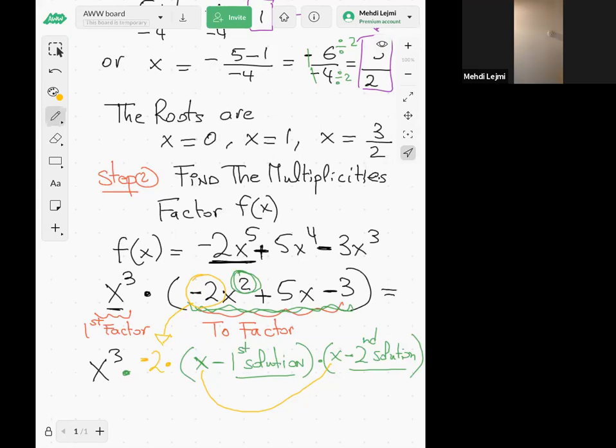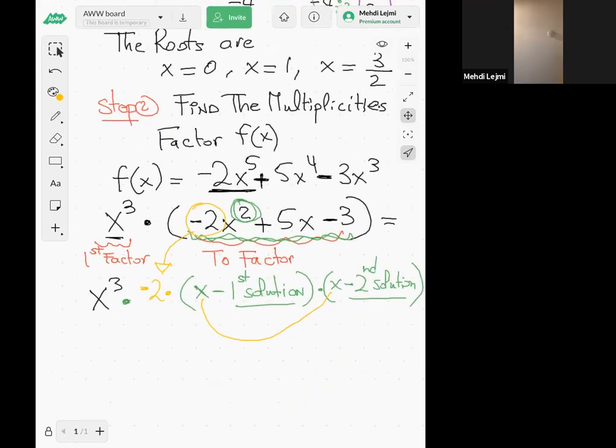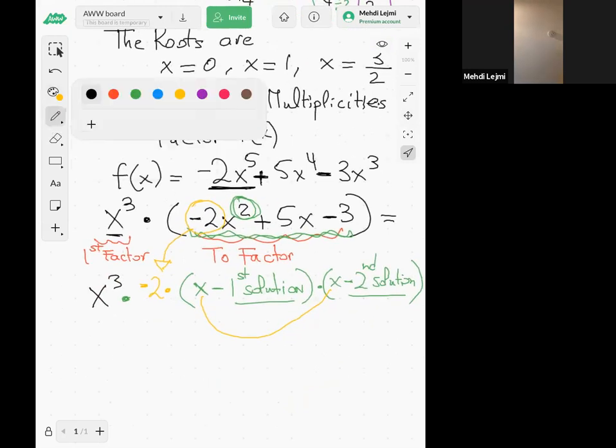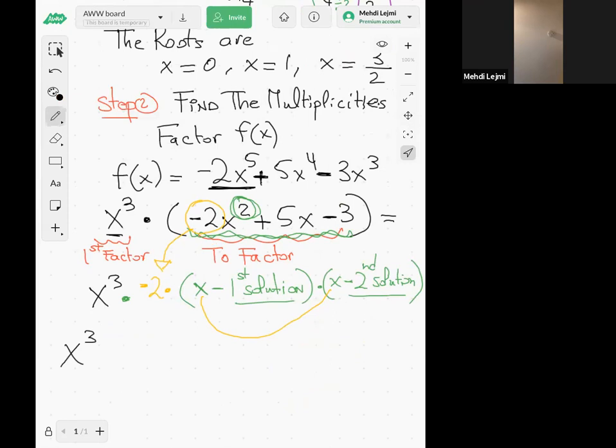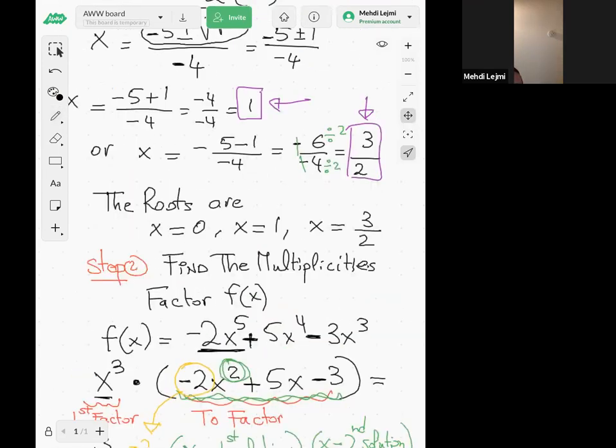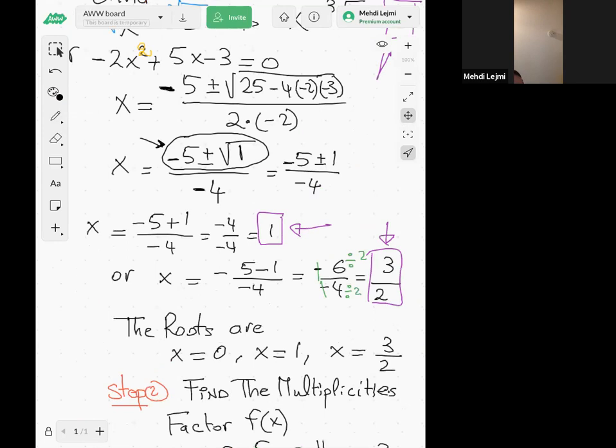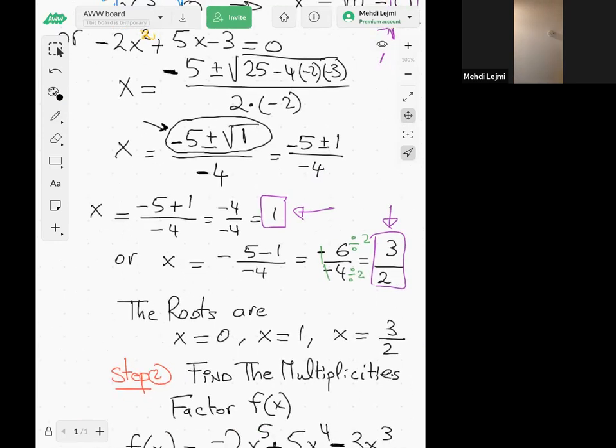So what I'm saying, guys, is that we're gonna have x cubed times this negative 2, right? Then times x minus my first solution. My first solution was, remember when we solved this negative 2x squared plus 5x minus 3, we got 1 and 3 halves, right?